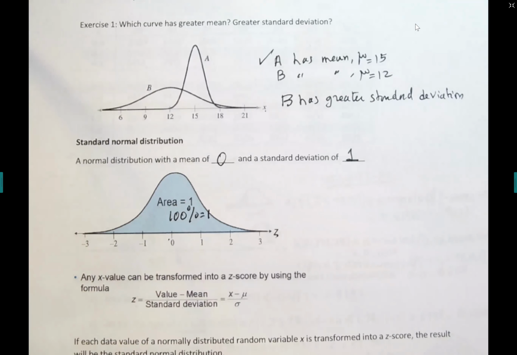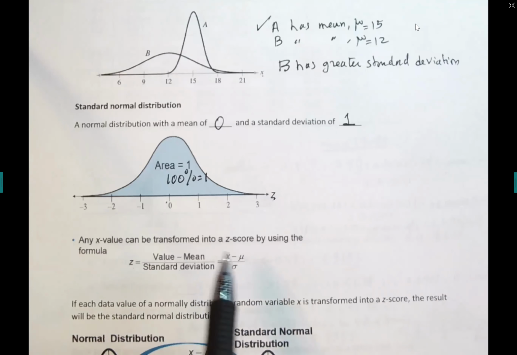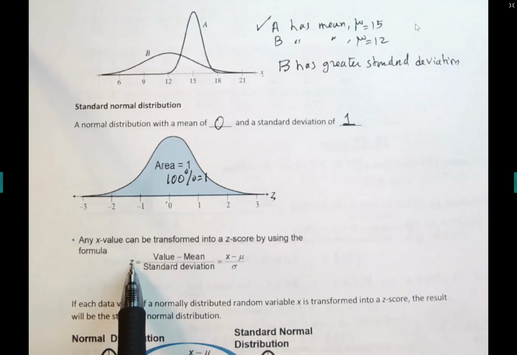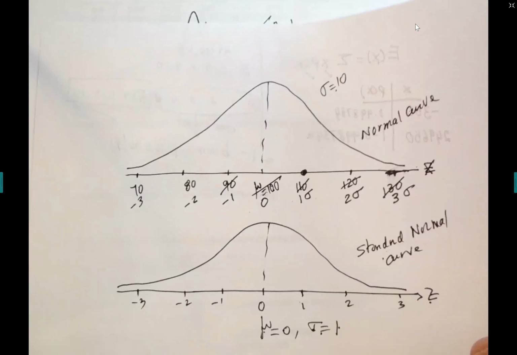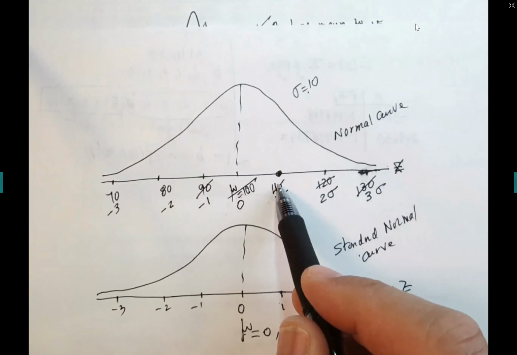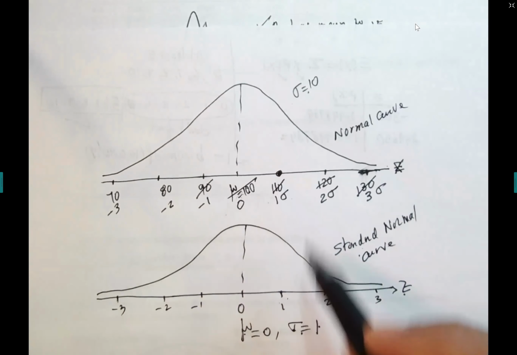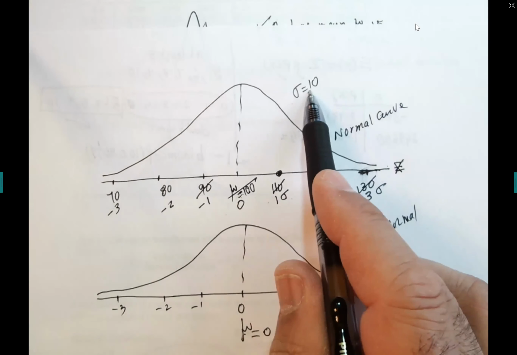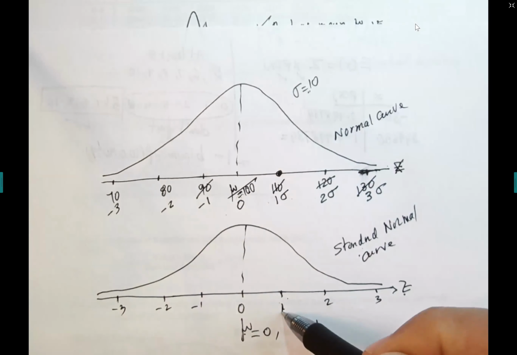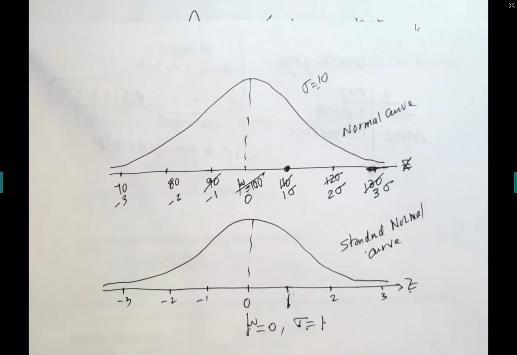Okay. Now, to change a value from a raw value to a z-score, we introduced this formula in chapter 2. Z equals value minus the mean divided by the standard deviation. For example, guys, if I wanted to take 110 and use z-score to change it to 1, I could have done 110 minus 100 is 10, and divide by the standard deviation 10, which gives 1, which is already 1 here, and so on and so forth.